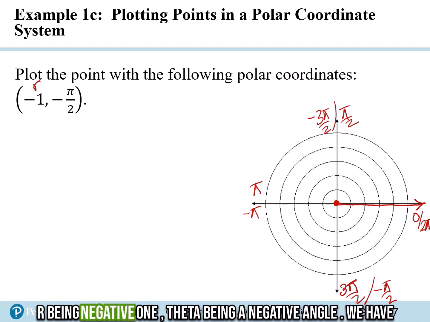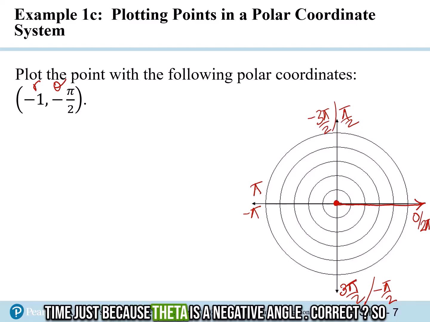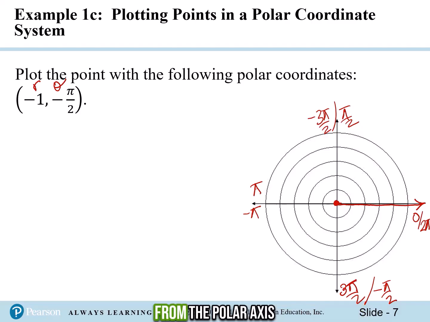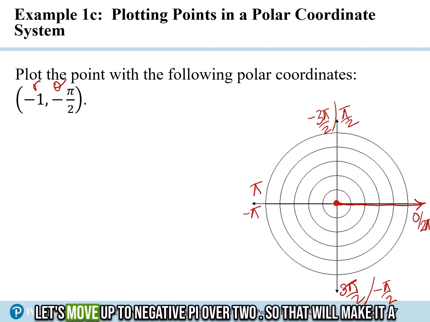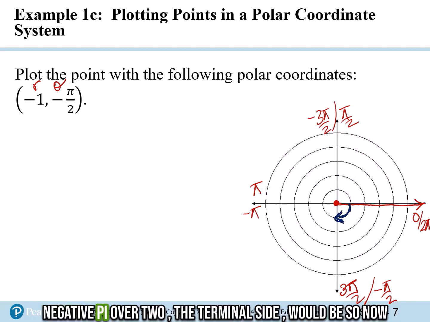So r being -1, theta being a negative angle, we have to move from the polar axis in the clockwise direction this time, just because theta is a negative angle, correct? So from the polar axis, let's move up to -pi/2. So that will make it a quadrantal angle. This is where -pi/2, the terminal side, would be.